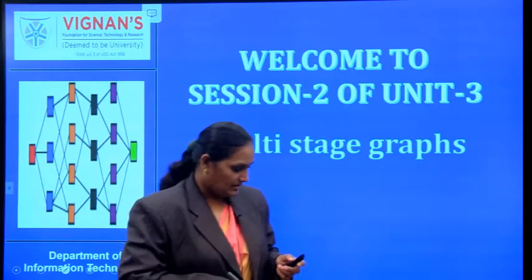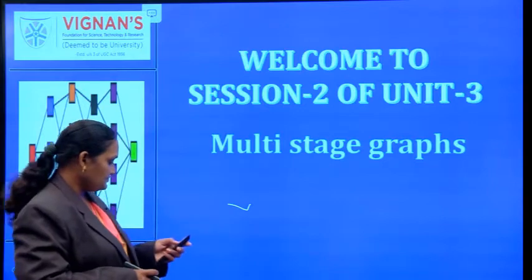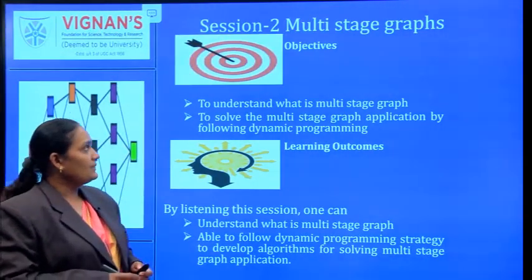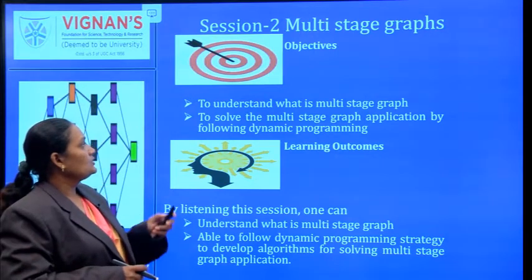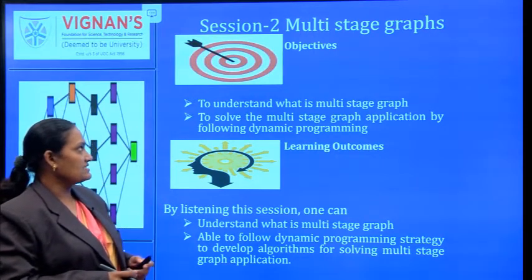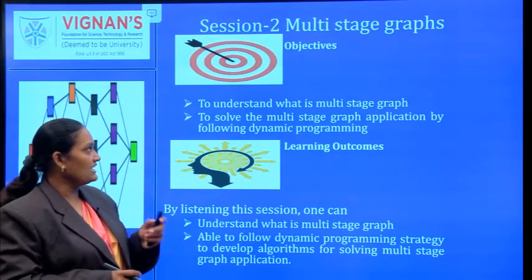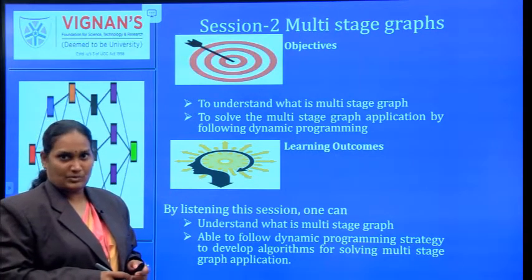Let us see the objectives of this session. The main objectives are to understand what a multi-stage graph is and to solve the multi-stage graph application by following dynamic programming.